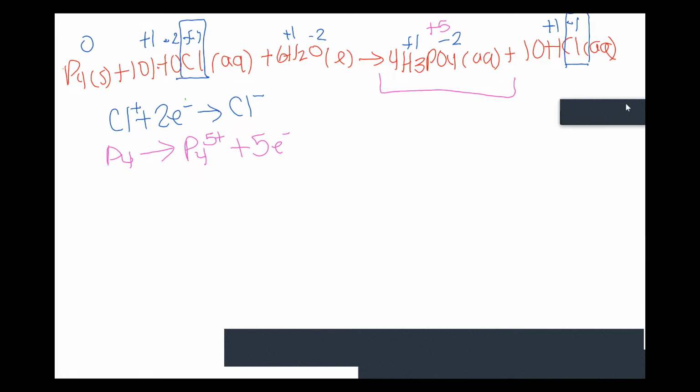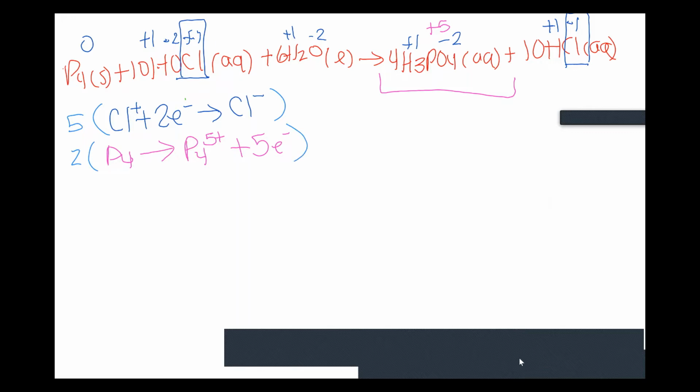So in order to balance this equation, we'd have to balance out the electrons, right? So this would be multiplied by 2, right? The top one would be multiplied by 2. No, 5. Sorry. Wait, why are you multiplying by anything? Oh yeah, sorry. So let's write all of this out.